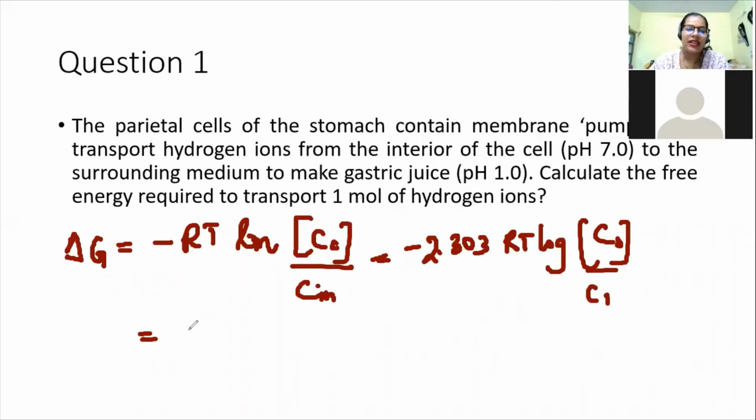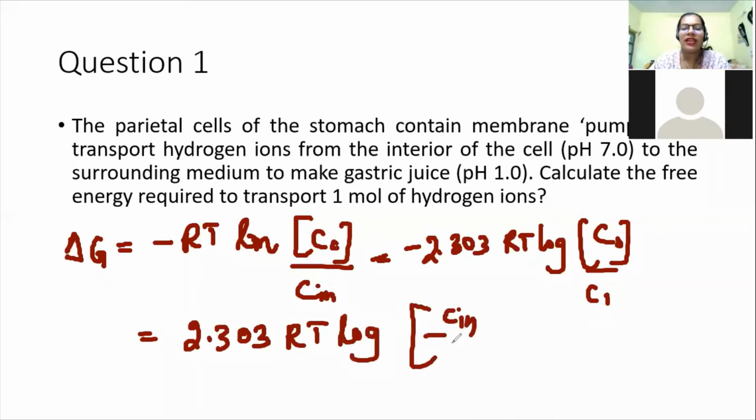Also, this can be written as 2.303 RT log C in by C out. I have taken the minus sign and converted these. I want the answer in positive value, so I can do that. You can just make the numerator the denominator and take the minus sign out.